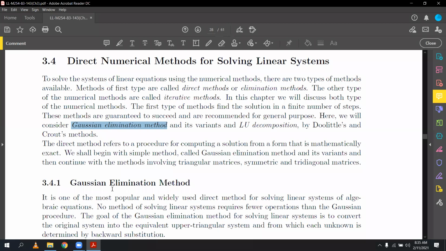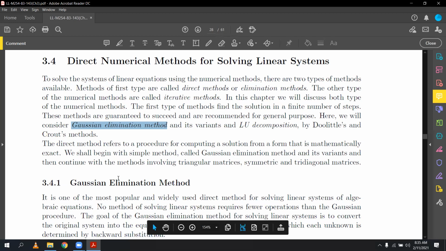Second, we know how many steps we have to do to find the solution of the linear system. And the third good point is that we can have the exact solution of the problem.